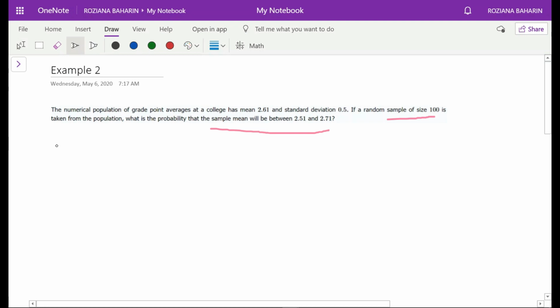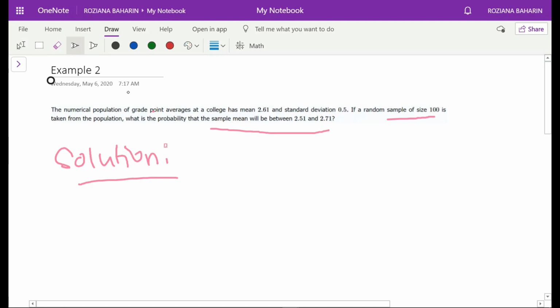So your solution. Okay, the sample mean has mean of 2.61.